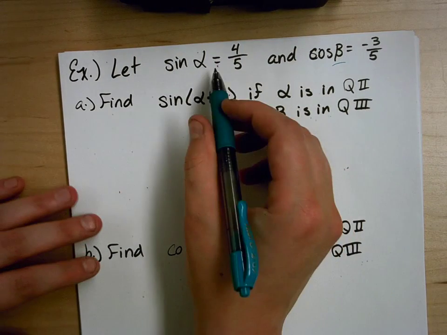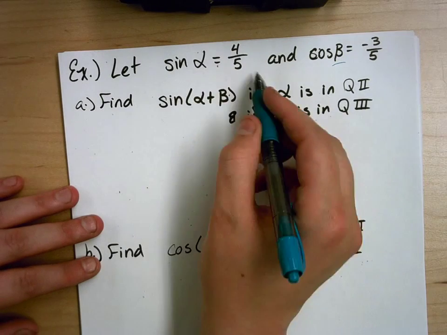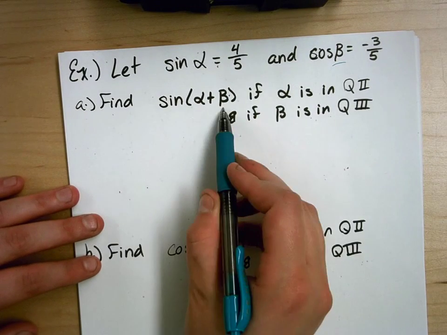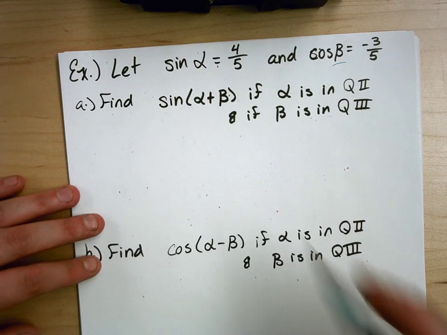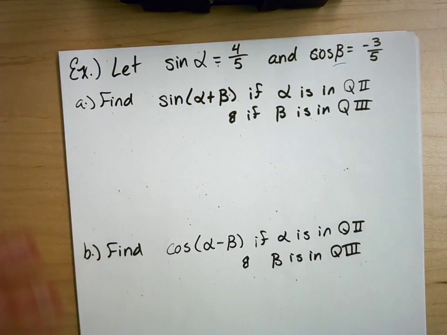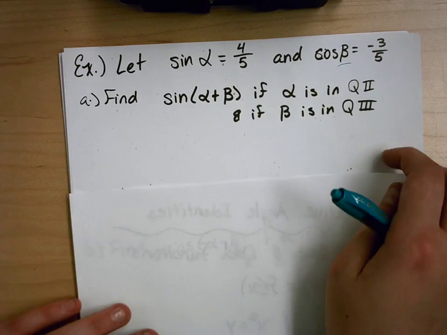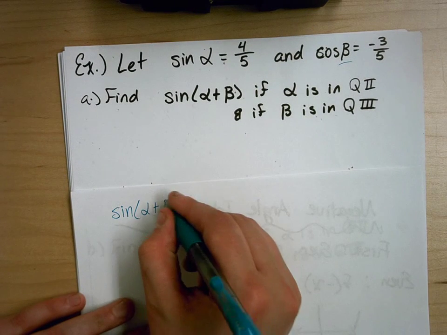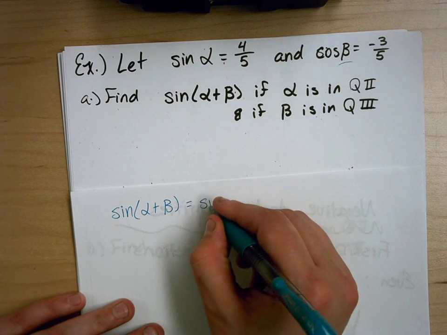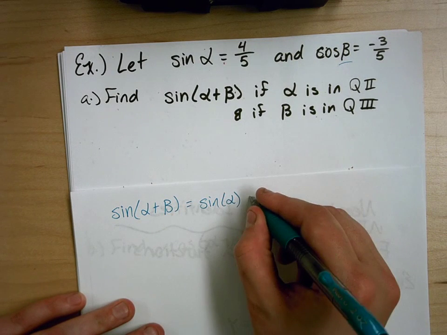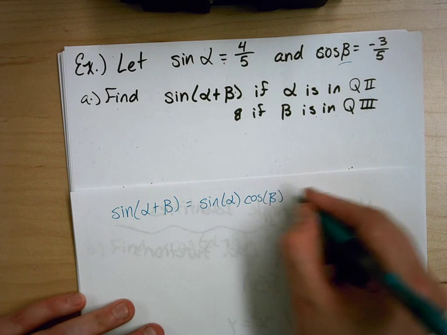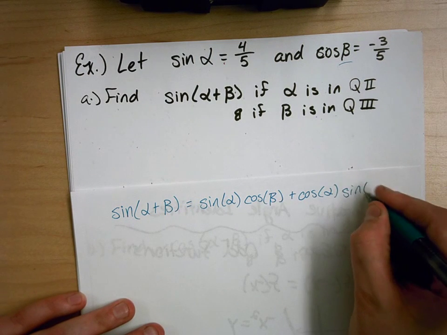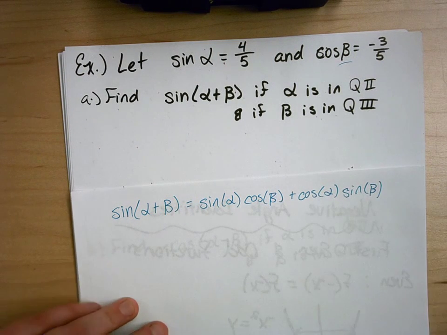Okay, so remember, to solve for sine of alpha plus beta, I'm going to need sine alpha cosine beta as well as cosine alpha and sine beta. Okay?